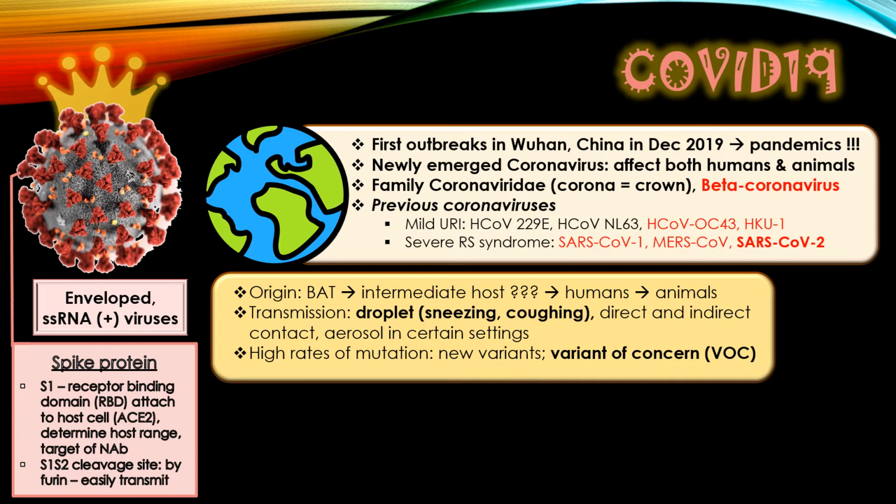The major transmission route is droplets from sneezing and coughing, like influenza, indirect and direct contact, and aerosol in certain settings, such as aerosol-generating procedures, CPR, or endotracheal tube. It has a high rate of mutation, so we have many variants now, and some variants have caused health problems. We call it a variant of concern.